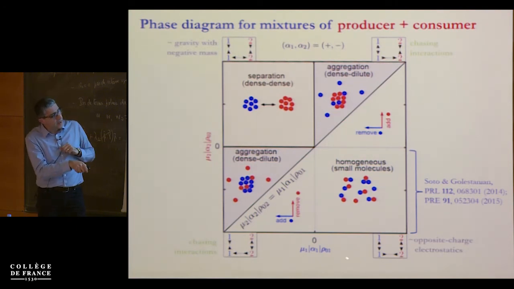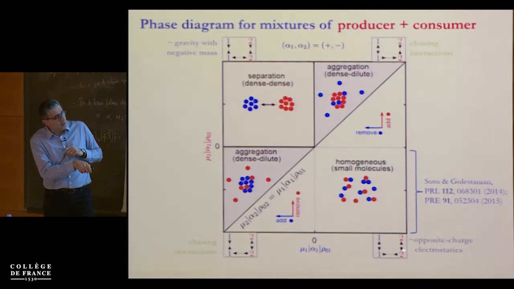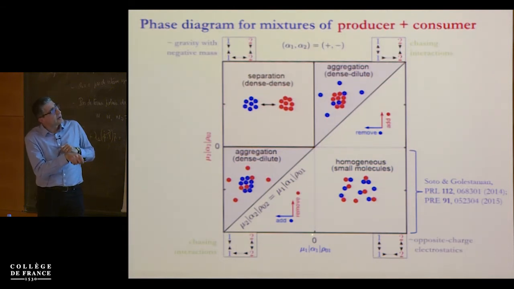Down here you have opposites attracting and similar particles repelling. That's electrostatic. And then here you have a situation where 1 repels 1, 2 attracts 2, and 1 is attracted to 2, and 2 is repelled by 1. So this is an asymmetric situation, and down here you have the opposite case.